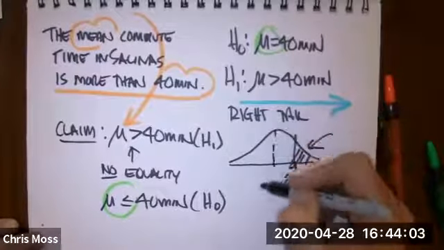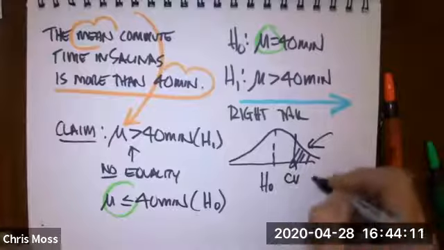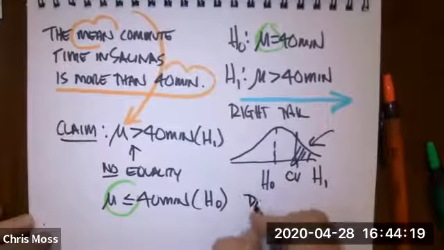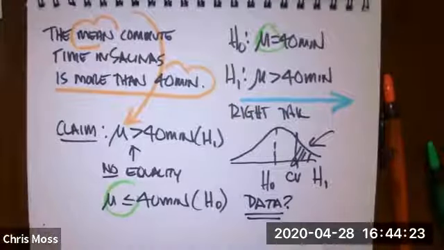This value here in the middle is the null hypothesis. Depending on where the data falls, I might stick with the null hypothesis, or I might go with the alternative. I just need to know where that data will fall. That's the sample data and a couple of other things that we'll talk about in further lectures.